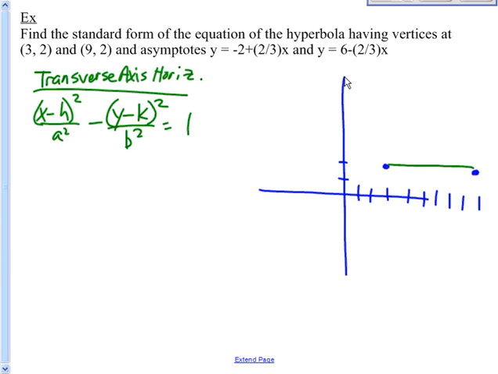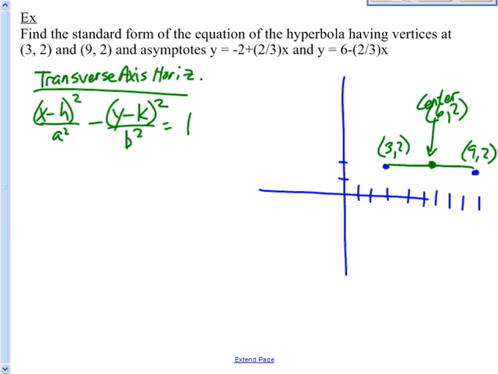And then you say, well, this is at the point (3, 2), this is at the point (9, 2), so it looks like they're 6 units away. So what would the center of this thing be? Well, it'd have to be (6, 2) right there.